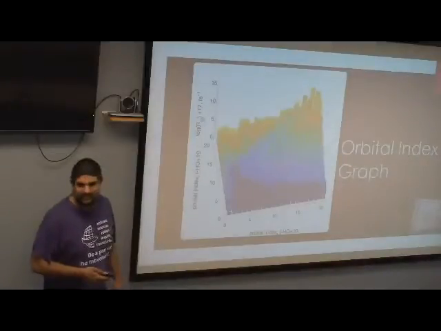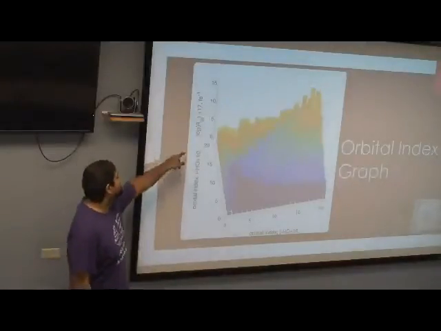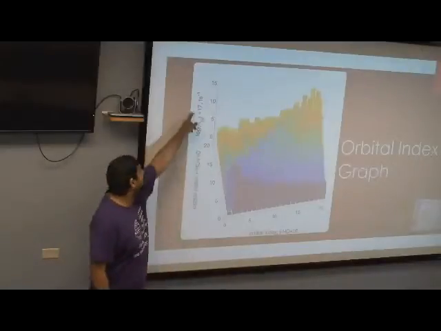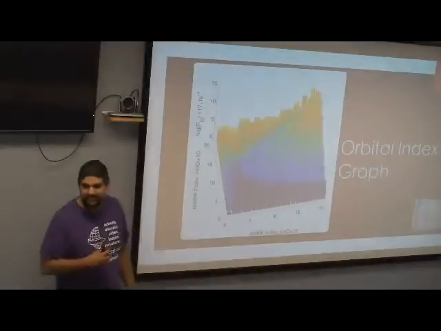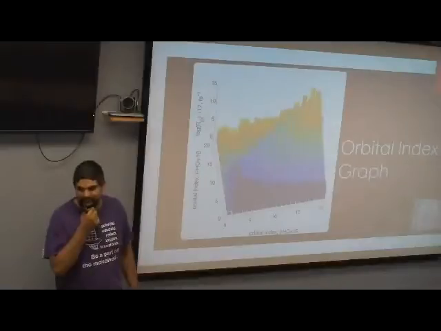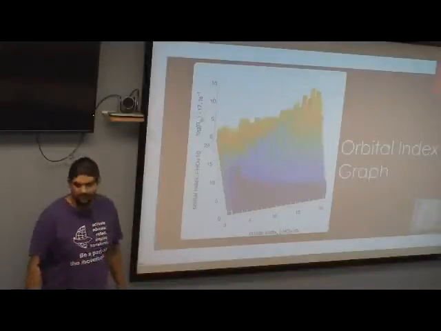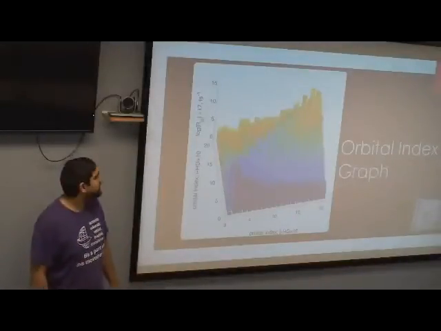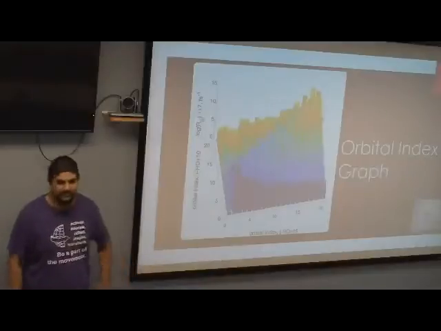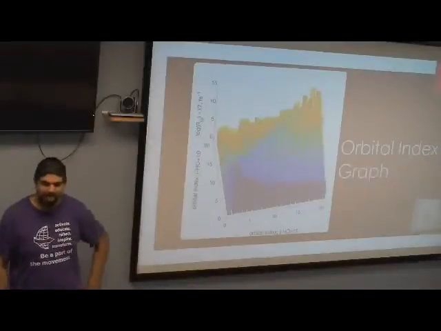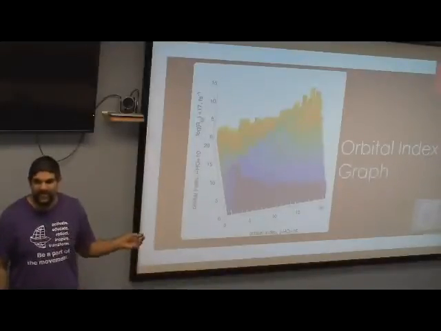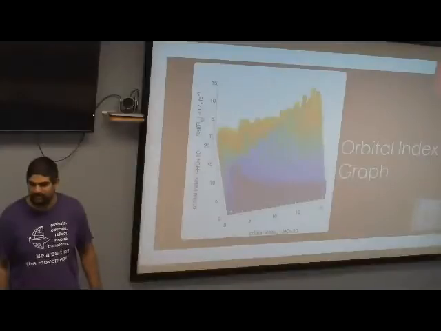Position of the electron. No, wait. I misread this. This is a frequency because it's inverse seconds. Okay, frequency of what? Frequency of the light photon that the electron absorbs to jump into the unoccupied orbitals.